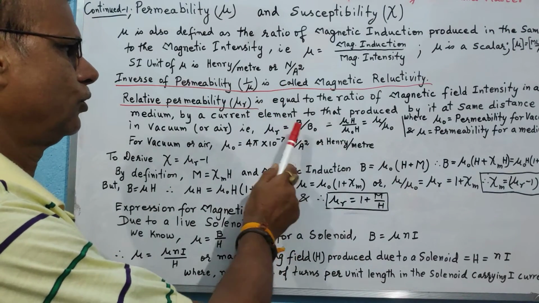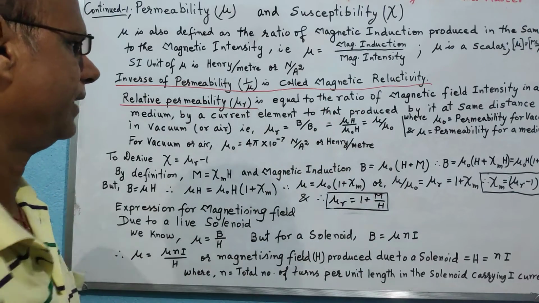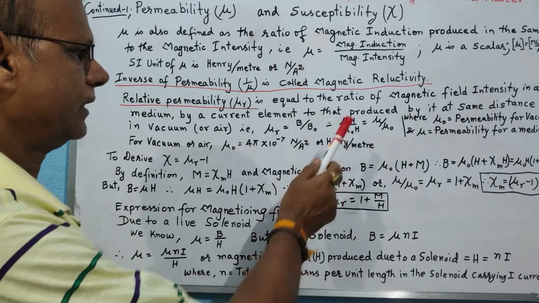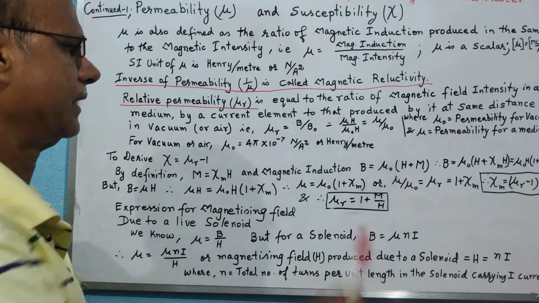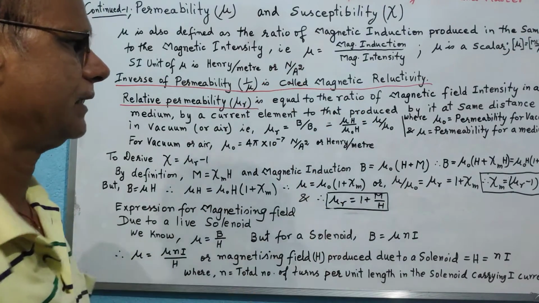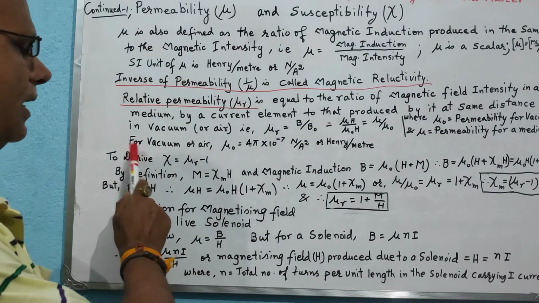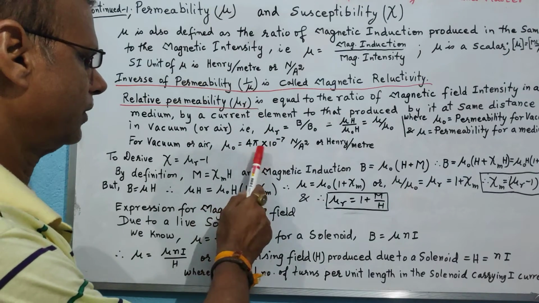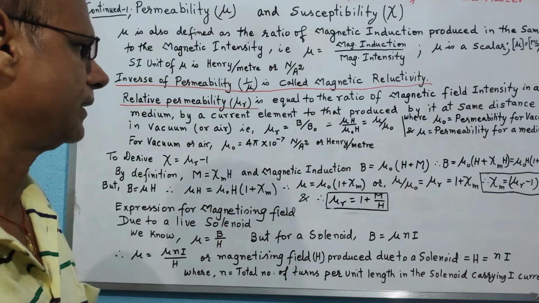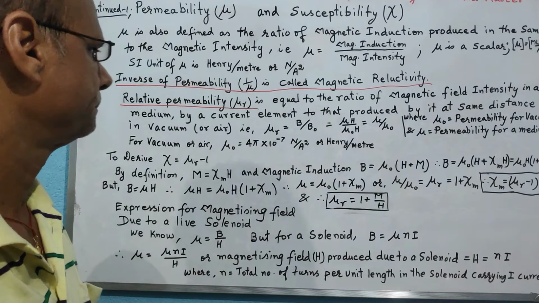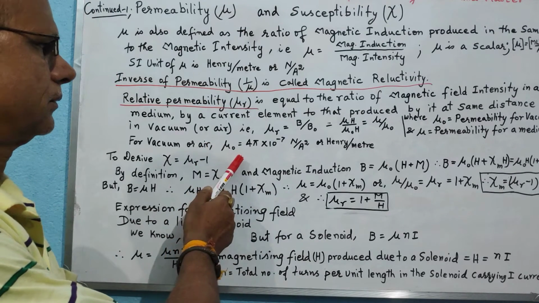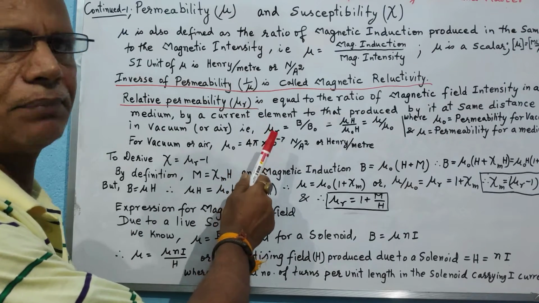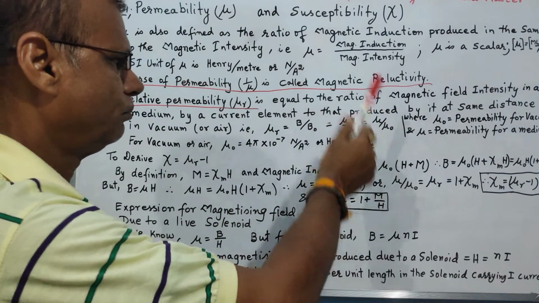But we also know B is equal to mu H, as we have defined. So B is equal to mu H, and for B0 we write mu 0 H. So H cancels, where H is the magnetizing field, and for vacuum or air we have mu 0, whose value is 4 pi into 10 power minus 7 Newton per ampere square. So here relative permeability mu r is equal to mu upon mu 0.